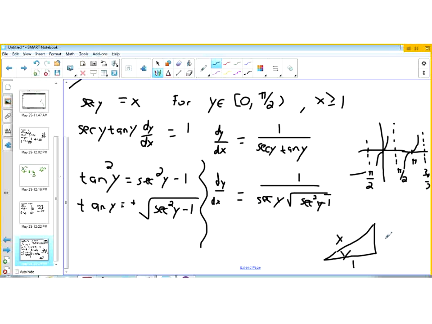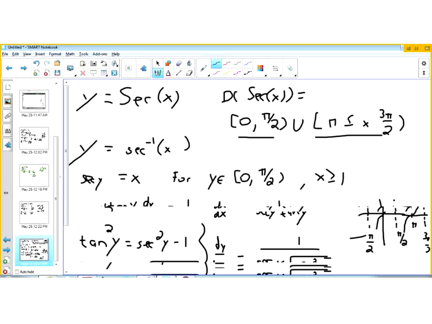So all we do is replace secant y with x, and then we'll have the square root of x squared minus 1. Okay, and that occurs when y is confined to these two intervals.